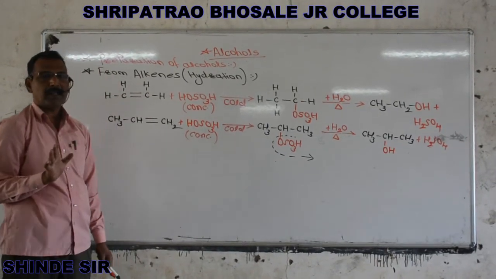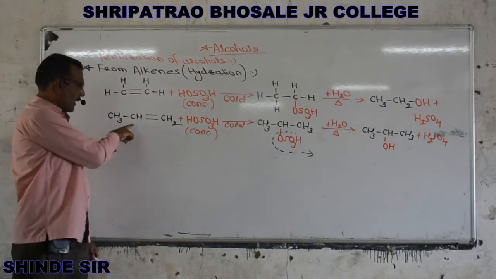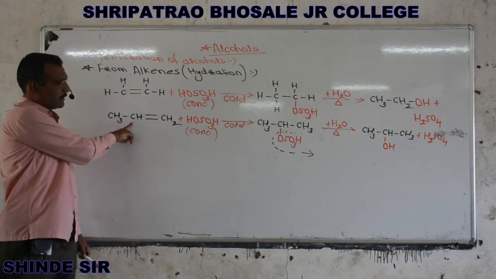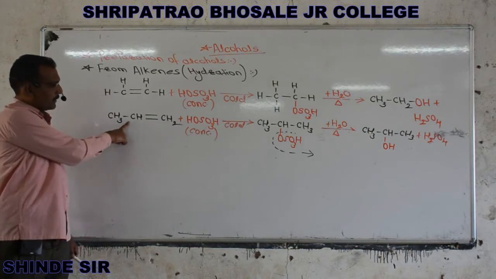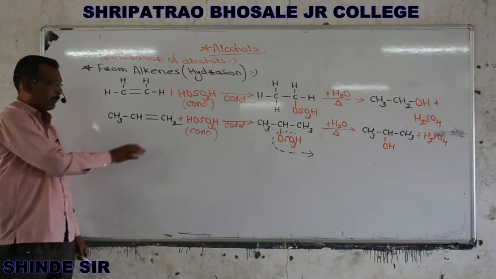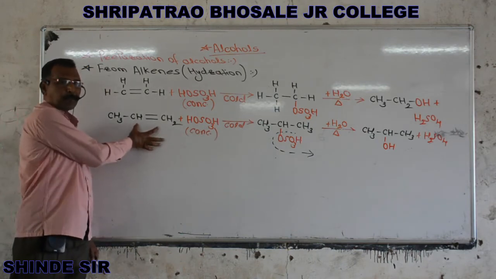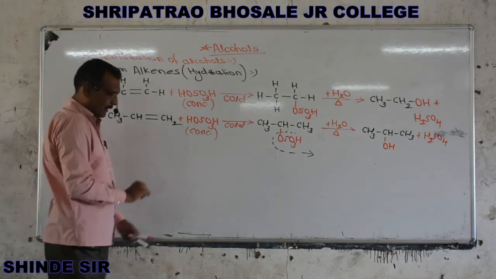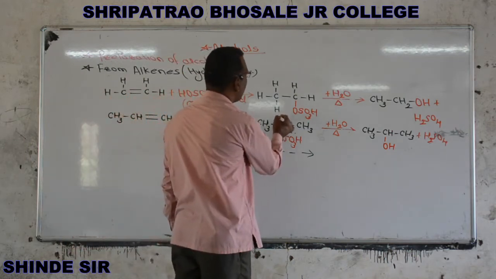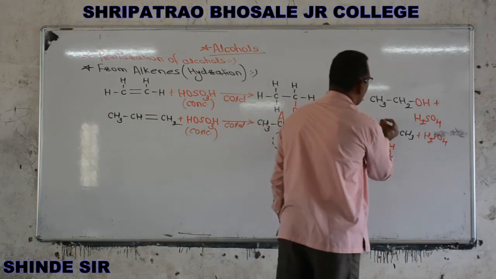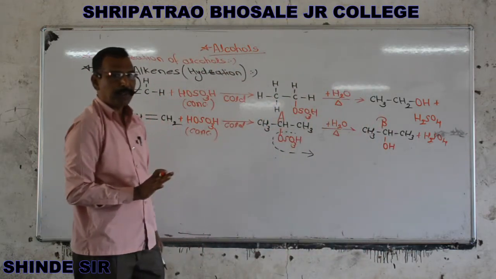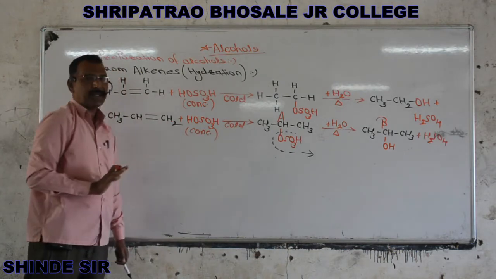This reaction is most important as far as the board is concerned. Many times the question is asked: how will you prepare propan-2-ol by using propene? Or sometimes you have to identify A and B from the following reaction.